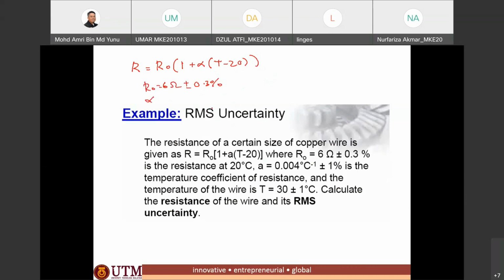Alpha here is written as A, so A is equivalent to alpha. Alpha is 0.04 per degree C plus minus 1%. And the temperature t is 30 plus minus 1%.